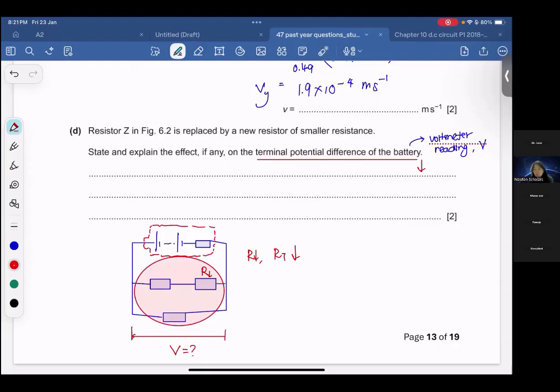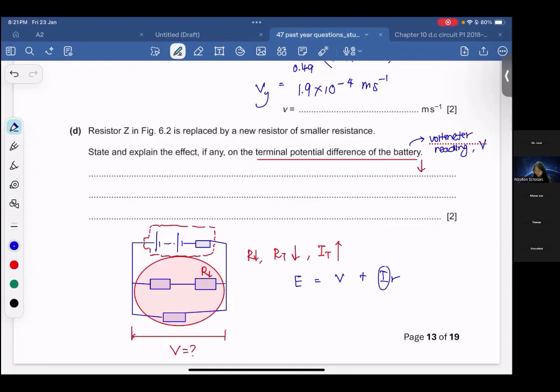Then after that, it causes the total current to increase. Yes, your total current for the whole circuit will increase. And then the most important thing Chonghan showed is that the current increase will cause a greater loss of voltage. This one is very important. The battery has internal resistance, so V = E - Ir.